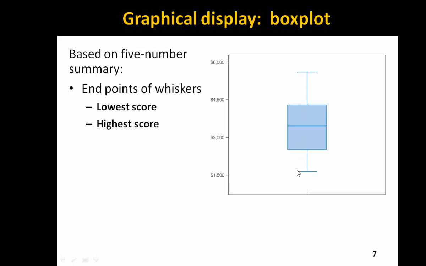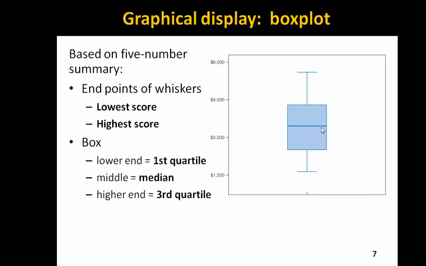The error bars here represent the low score, and in this case, if we're representing a monthly salary within the workplace, we see the lowest salary just above $1,500, the highest salary just below $6,000 for the month, and the middle line here, that is the median within our distribution.